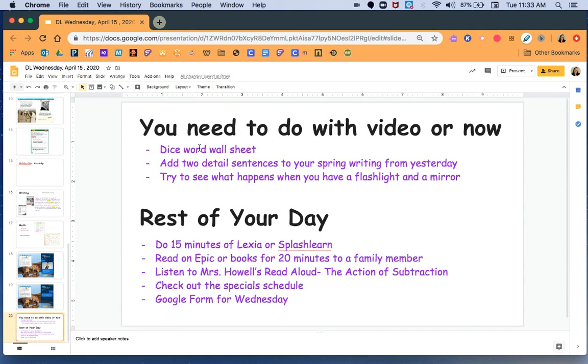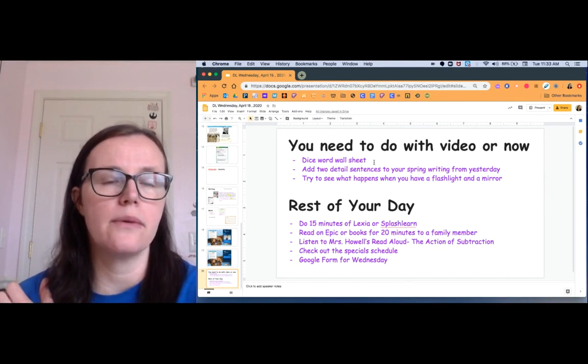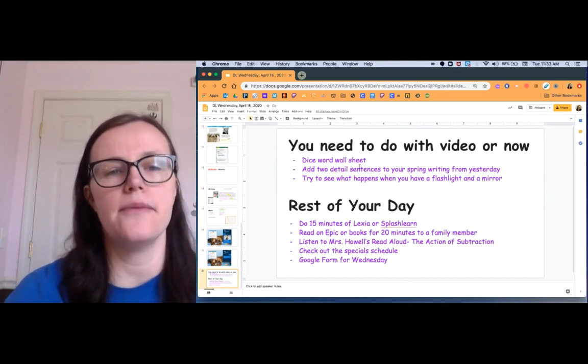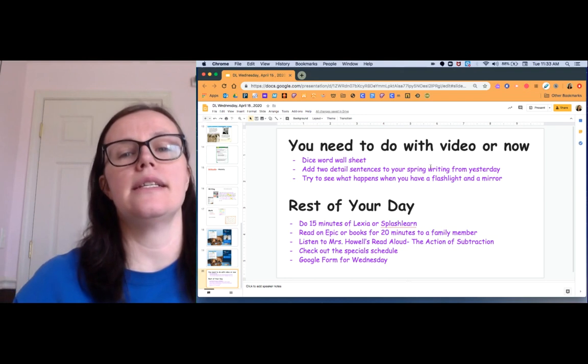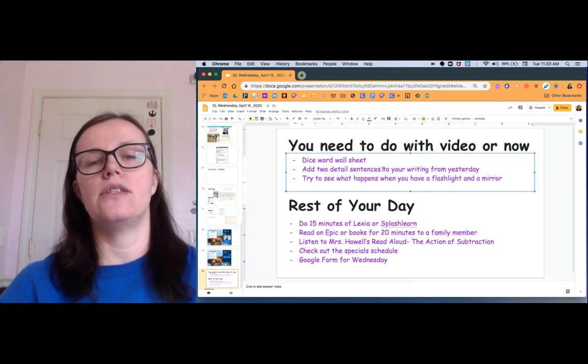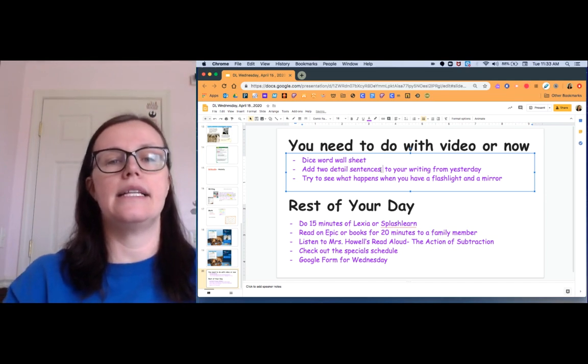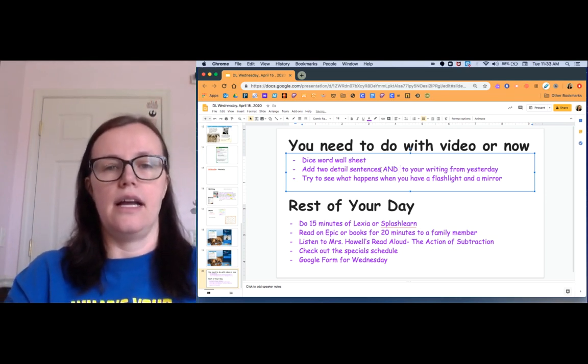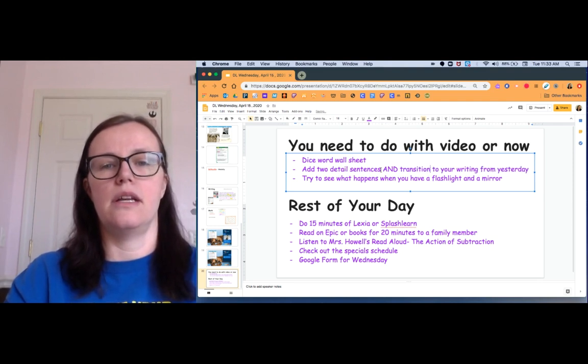So what you need to do with the video, or do it now, is your dice word wall. If you're someone who is really strong, you know all those words, and you can spell them without looking, I would like you to find some challenge words that you would like to practice. Maybe in the Eleanor Roosevelt story, there were quite a few big vocabulary words. I need you to add 2 detailed sentences and transition words to your writing from yesterday.